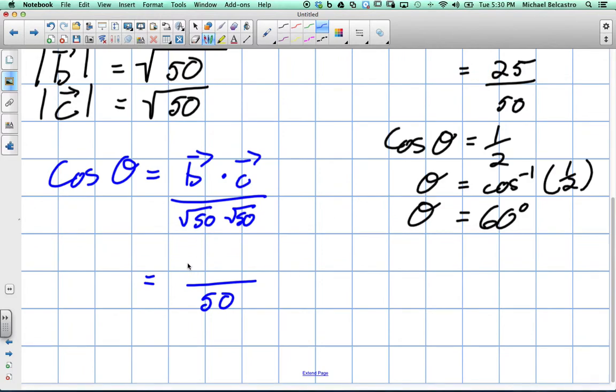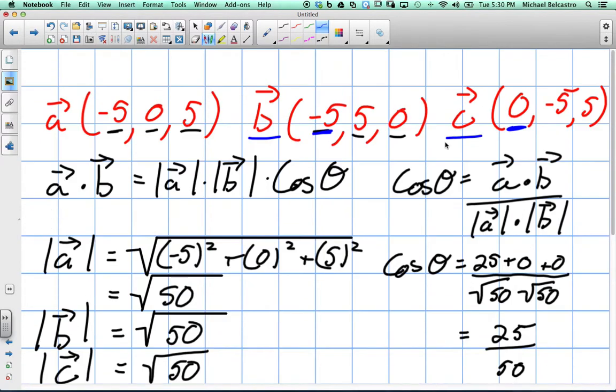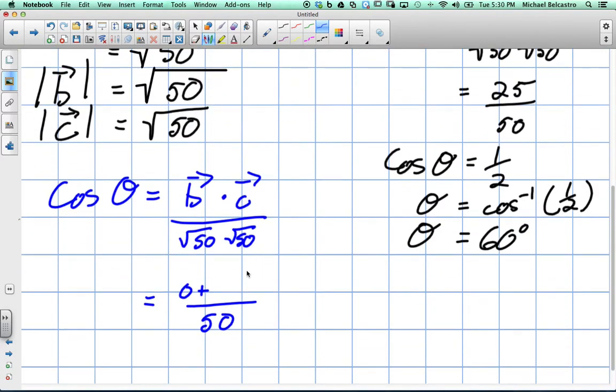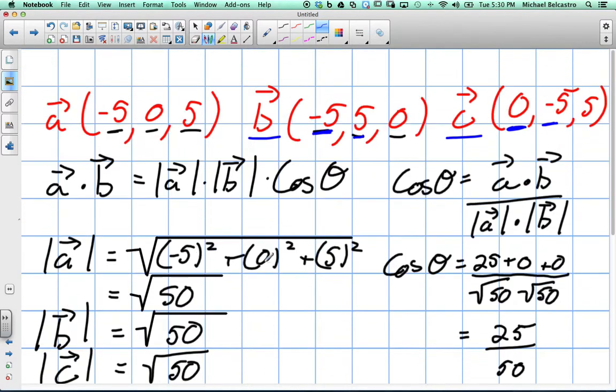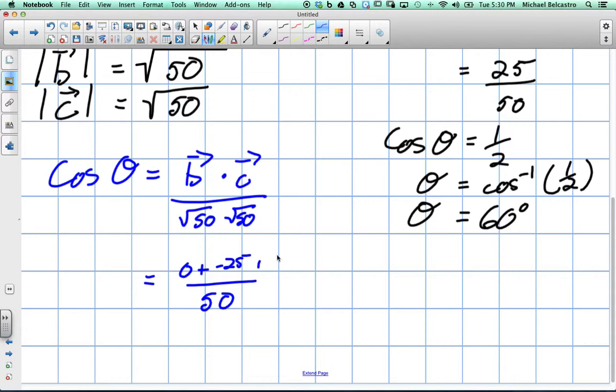Then 0 plus 5 times negative 5 is negative 25, so minus 25. And 0 and 5 is 0 again. So in this one, we're going to get negative a half above everything.